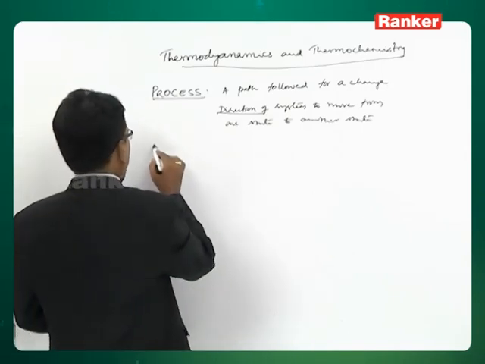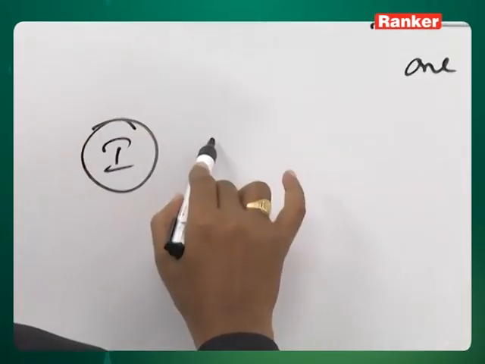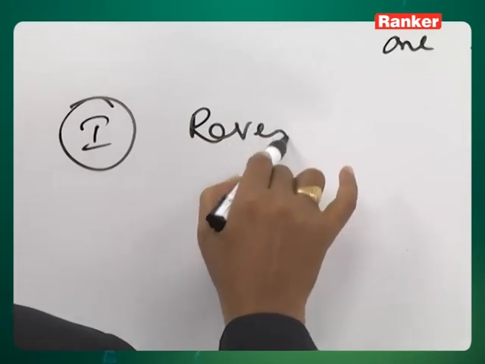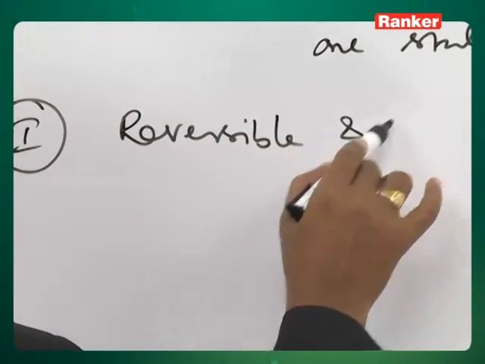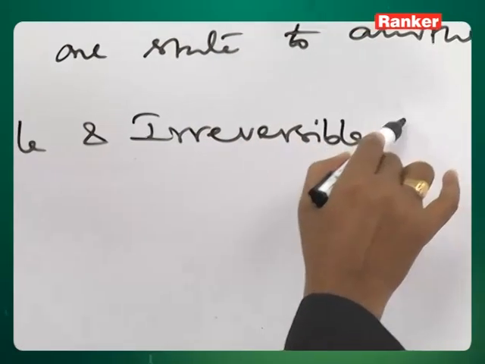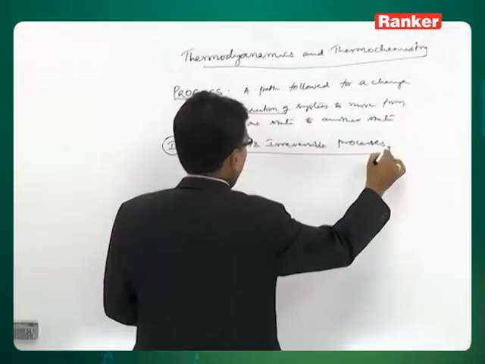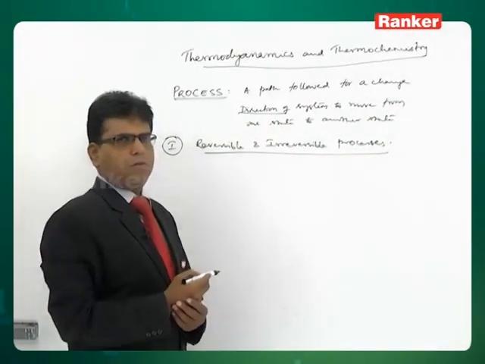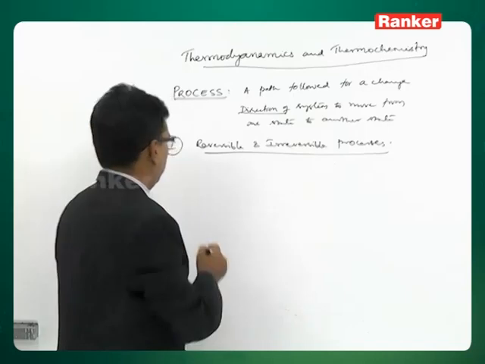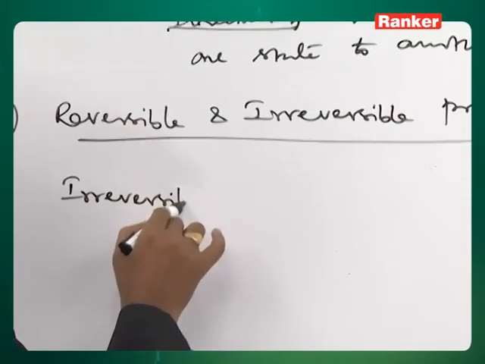One classification, type 1 classification, is reversible and irreversible processes. What is reversible and irreversible process? Irreversible process, let us first example if we look at it.